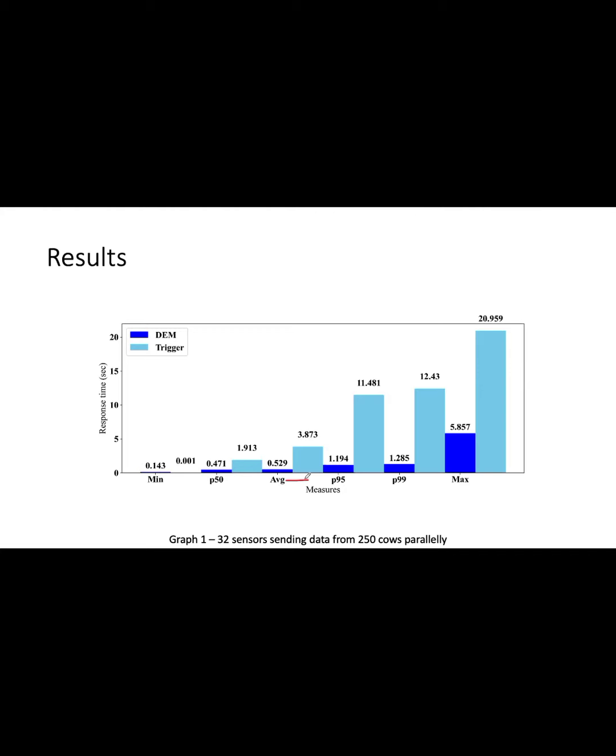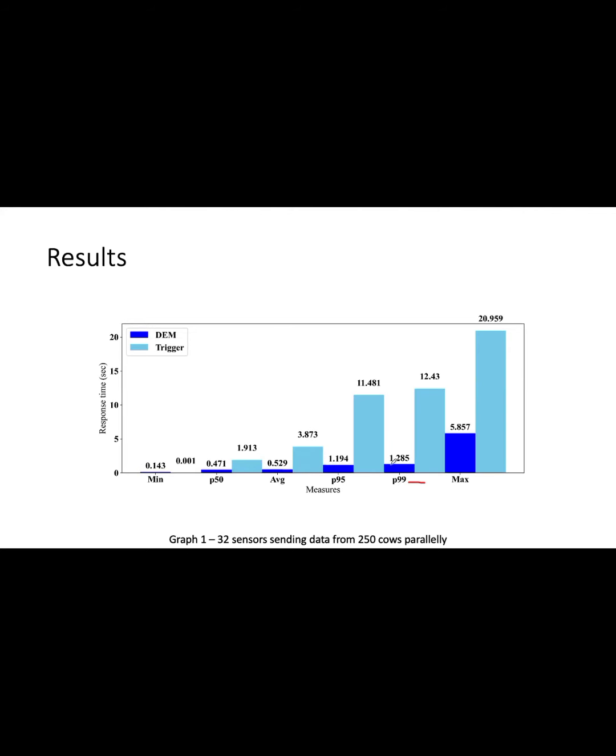The average measure of the data extraction magnet is 0.529 seconds, whereas the same measure of the trigger technique is 3.873 seconds. Just to continue here, for example, here, P99 from the data extraction magnet.